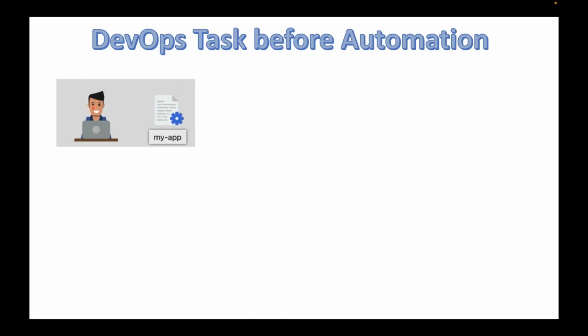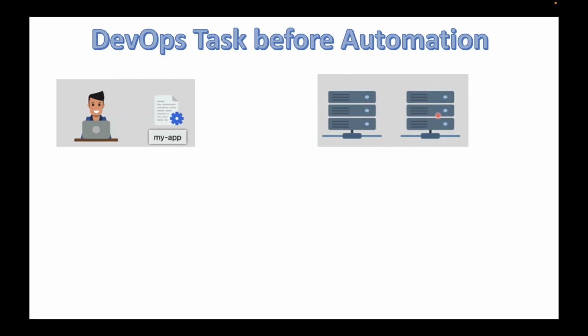The developer writes the code and creates an application. Now he wants to test this application. For testing, he has to have some environment, right? So this particular resource, this particular infrastructure, we have to create, right?